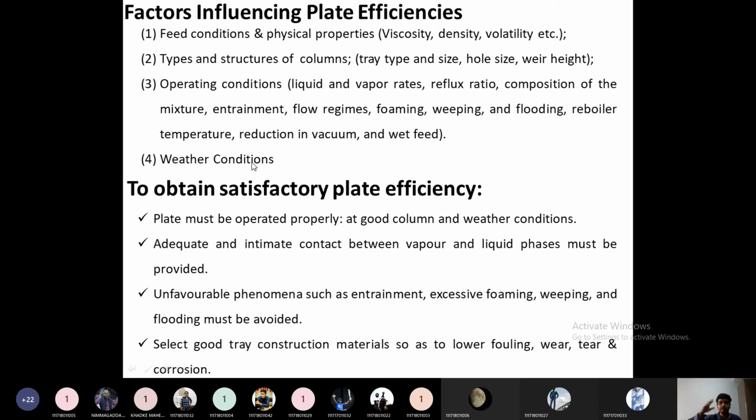Though we have insulated our entire distillation column, some impact will be shown by the outside weather. So if the outside weather is cold, we have to modify our inside conditions accordingly. Then only our column will operate properly. Otherwise, depending on the weather conditions, boiling point elevation or some other unnecessary conditions will result.